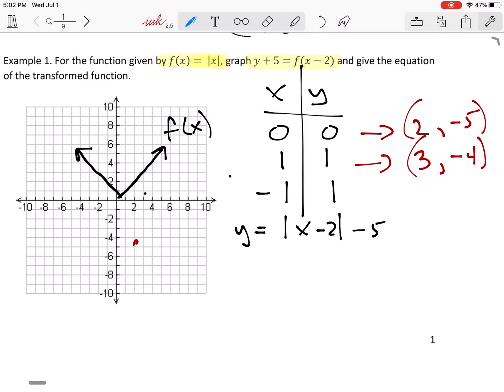Okay, so 3 and -4. Okay, and then here you're going to go to the right 2, so that'll be 1, and then this will be -4 as well.